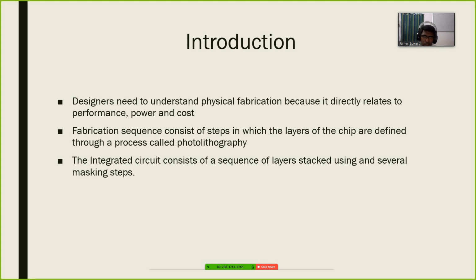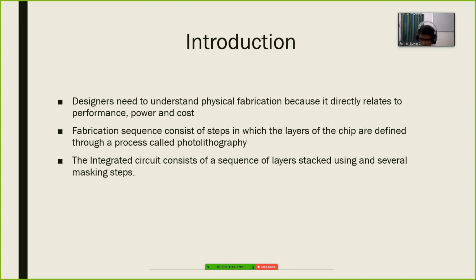Generally the fabrication process consists of a sequence of steps. We need to stack different layers, and this is achieved by using a process called photolithography, which uses light to decide the area where layers are diffused.